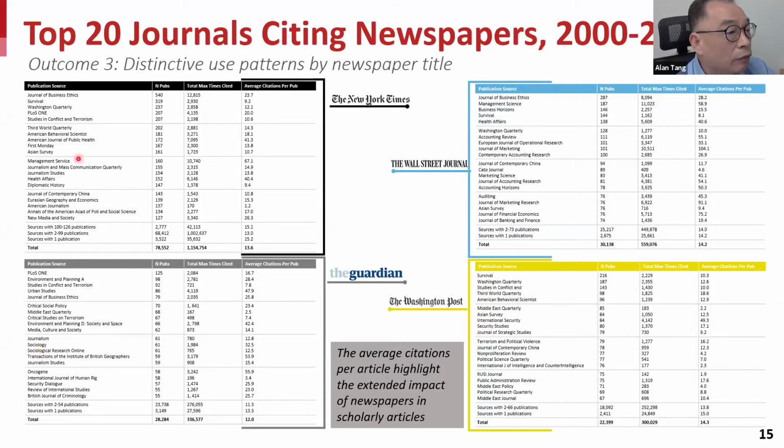As you can tell, for example, the New York Times for the management surveys, there are 160 publications, but it has been cited more than 10,000 times. And similar cases in the Guardian, the Wall Street Journal, and the Washington Post.